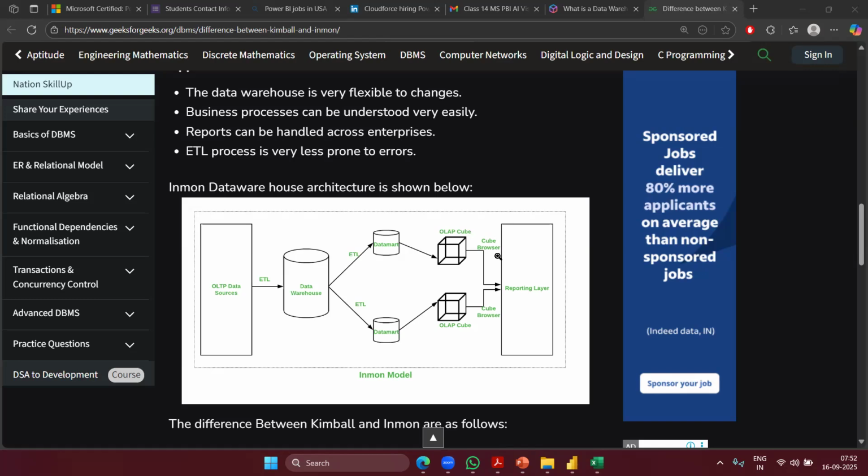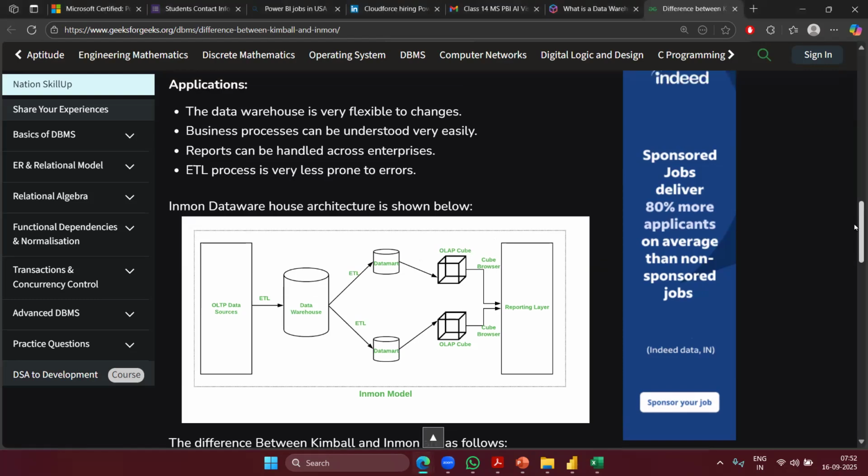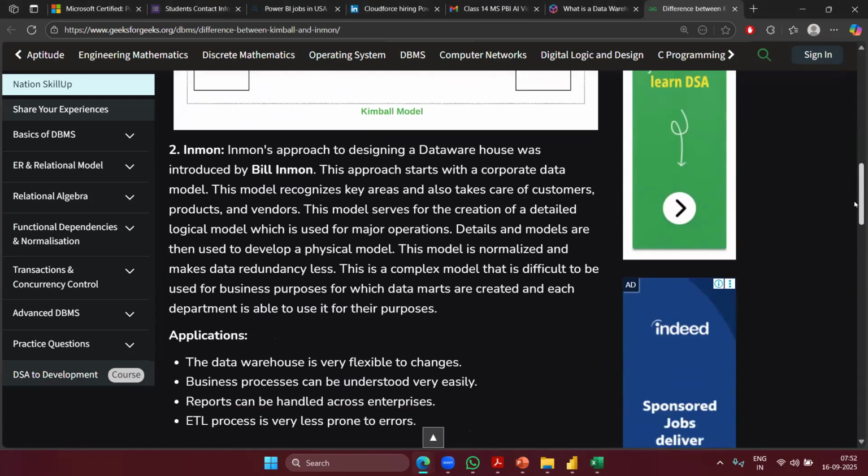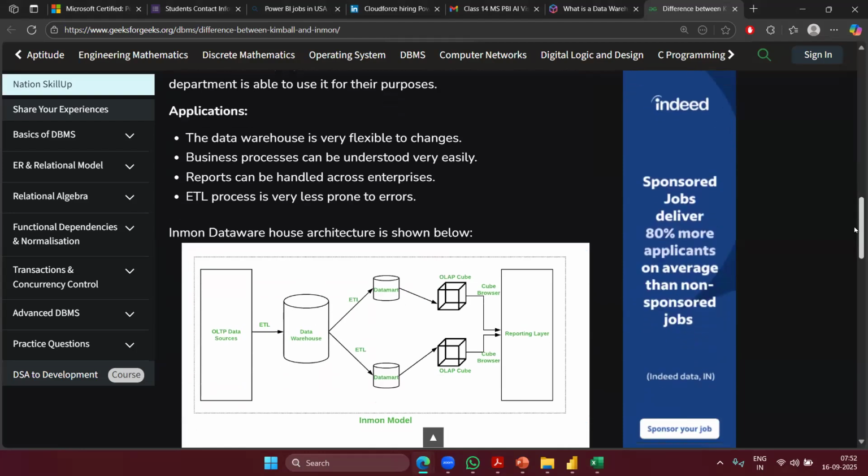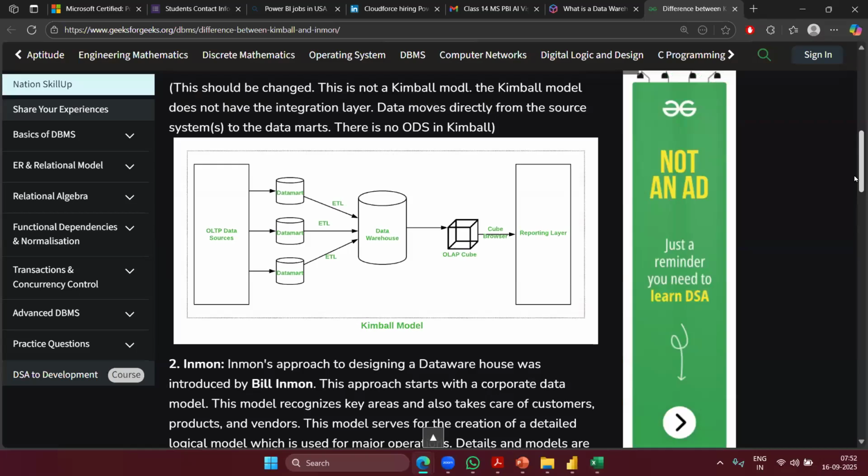Any other? Ucheni, do you want to explain why you are looking for Inmon? Okay, you are preferring Kimball. What is the reason for Kimball?